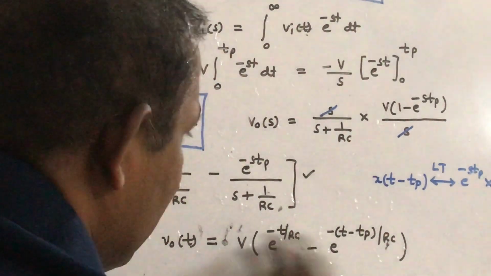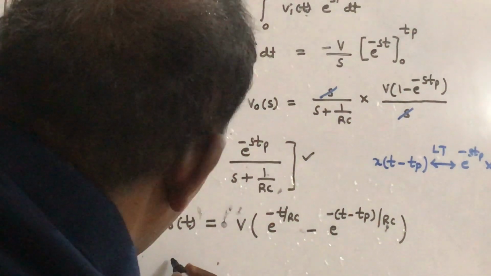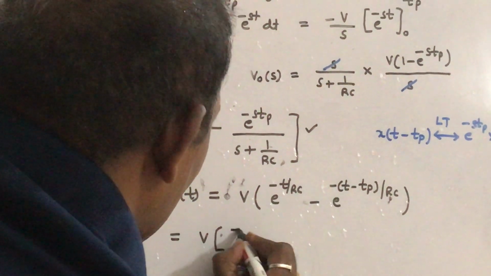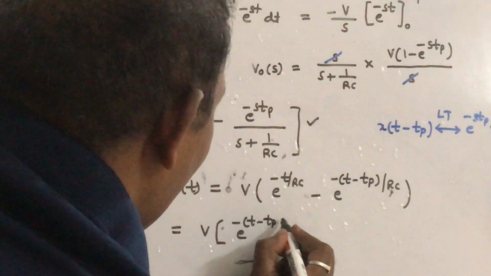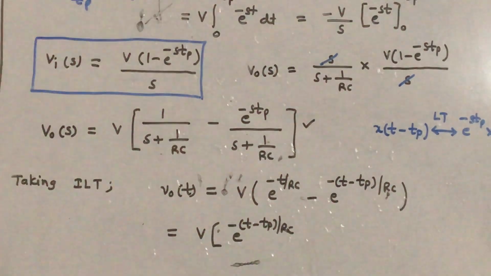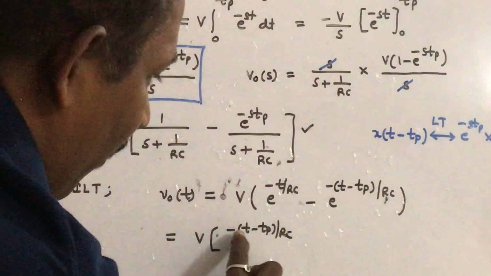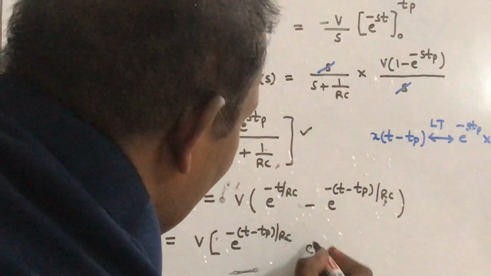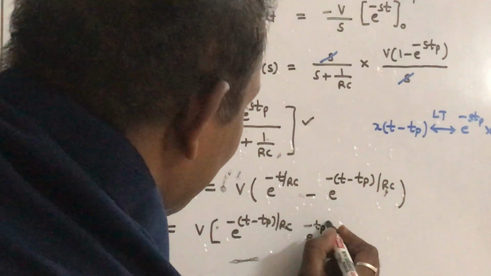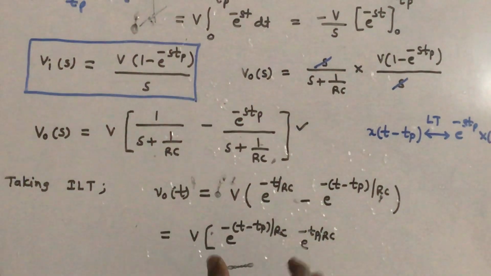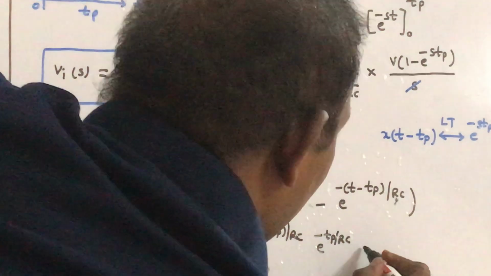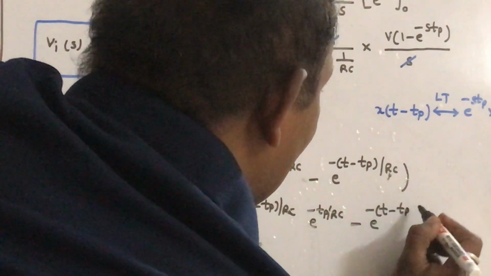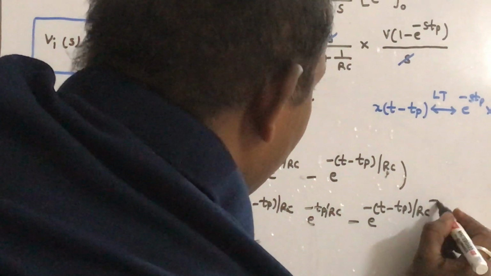In order to readjust it, I am writing the first term as e power minus t minus Tp by RC, because we are adding e power Tp by RC, so let us make e power minus Tp by RC. So this term will remain as it is, and the second term we keep as it is, e power minus t minus Tp by RC.